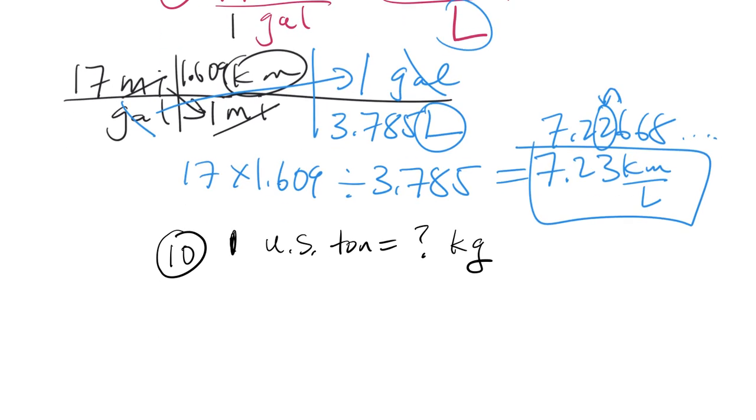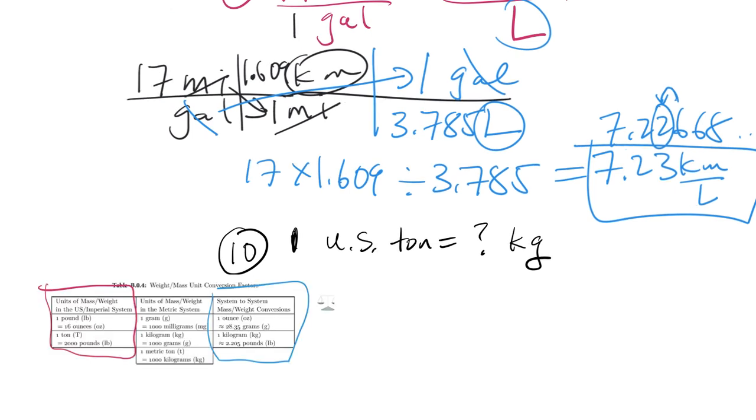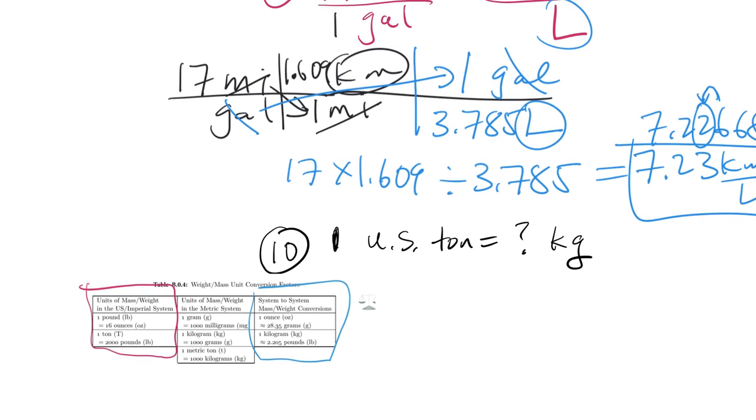Okay, and then here's a weight one. 1 U.S. ton is how many kilograms? So you're going to have to look again at that conversion table, but for weights. Okay, so where's U.S. tons? Okay, this is U.S. So 1 ton is 2,000 pounds.